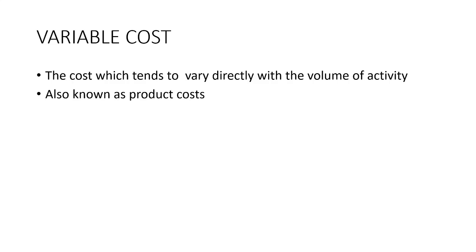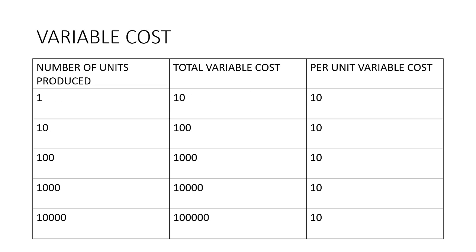Now we'll see an example. The cost of material per unit is rupees 10. Imagine we are producing 1 unit. Then the per unit variable cost, that is the material cost, is rupees 10. The total variable cost is 10 rupees because we are producing only 1 unit. 10 into 1 unit, rupees 10.